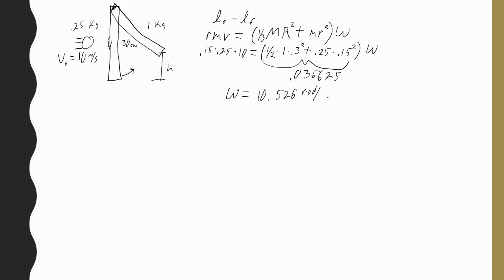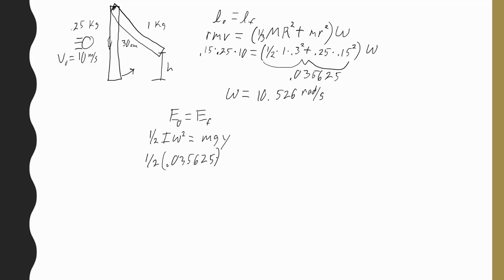It slows down as it swings up, obviously, and from this point we can use conservation of energy, and we will set our initial energy equal to our final energy. The initial energy is the rotational kinetic energy, so 1/2 I omega squared, and the final energy is going to be mgy. And this is the same moment of inertia that we found here, so that's the nice 0.035625 thing.